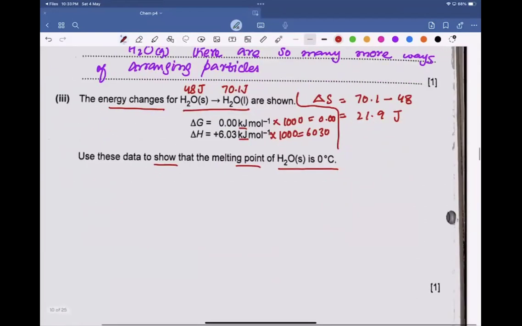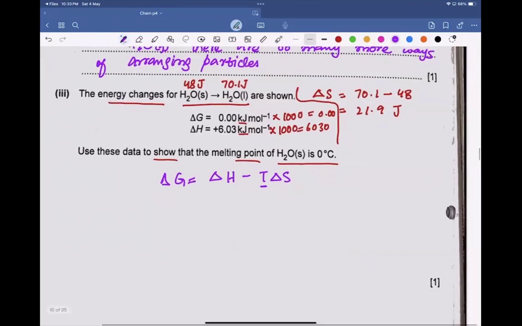Okay, so what is the Gibbs free energy expression? Gibbs free energy is equal to delta H minus T delta S, right? So you have to show that the temperature is 0 degrees Celsius. So we have to make the temperature the subject, right?